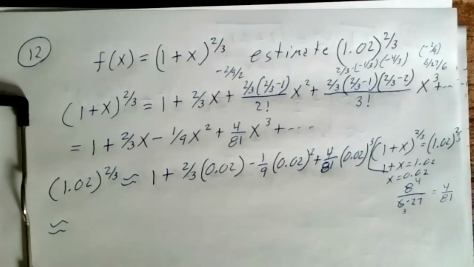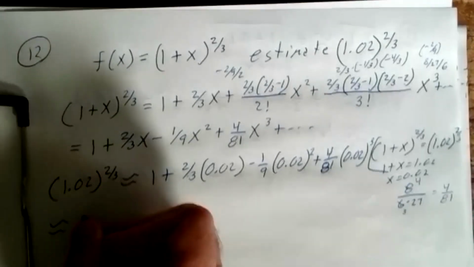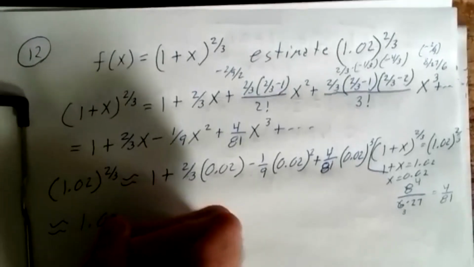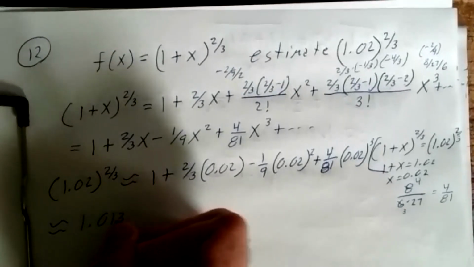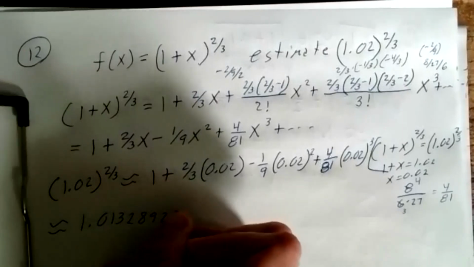This is quite a calculation. Good. And then we've got 2/3 times 0.02 plus 1. Okay. I am getting approximately 1.0132892884.